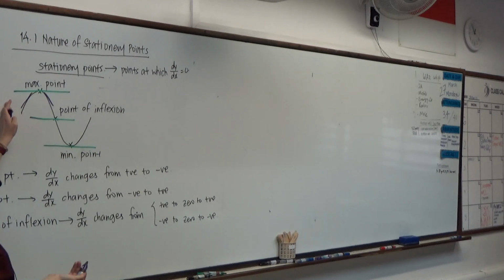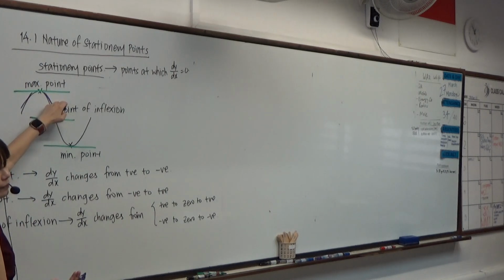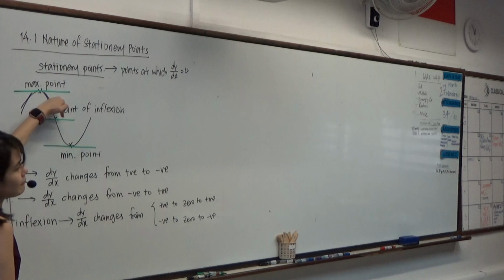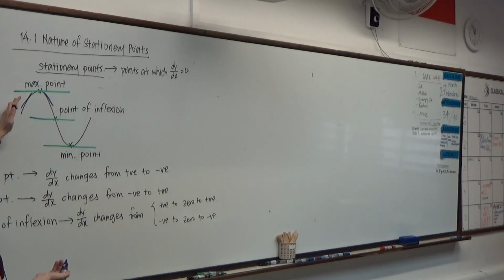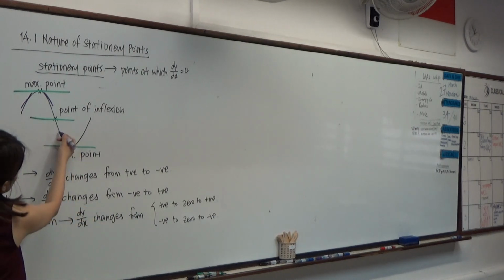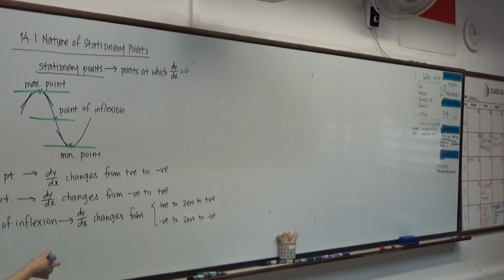So that means your gradient, your dy over dx, will change from positive to negative as it passes through the maximum point. Similarly, for the minimum point, on the left, your tangents will always have a negative gradient, downward sloping.